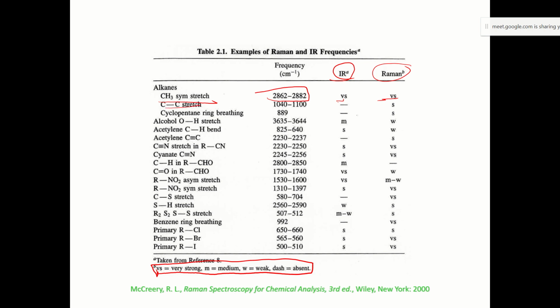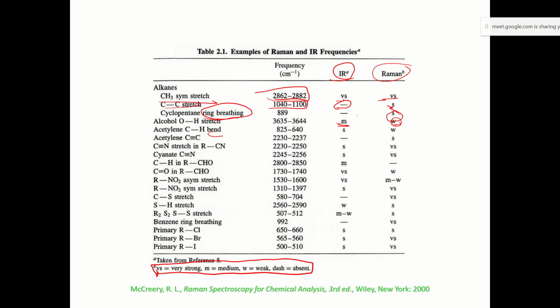Now CC stretching, frequency expected is in this range, not active in IR but strongly active in Raman. Cyclopentane ring breathing always very strong in Raman, जो मैंने अभी बेंजीन के बारे में बताया, पोलराइजेबिलिटी चेंज. OH medium, OH स्ट्रेच, अल्कोहल का जो OH होगा, this dipole change, so it is IR active but very weak in Raman.